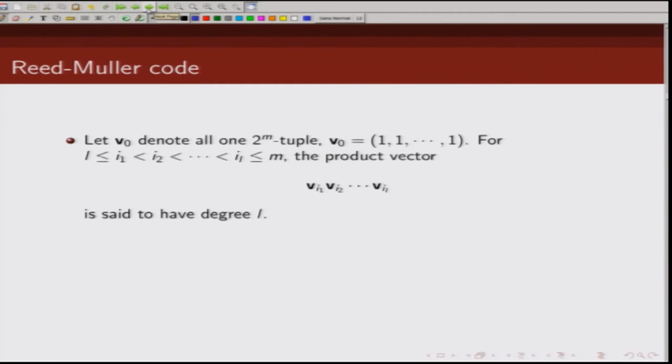We also define an all 1 tuple. So, this V naught is basically all ones of length 2 raised to power m.